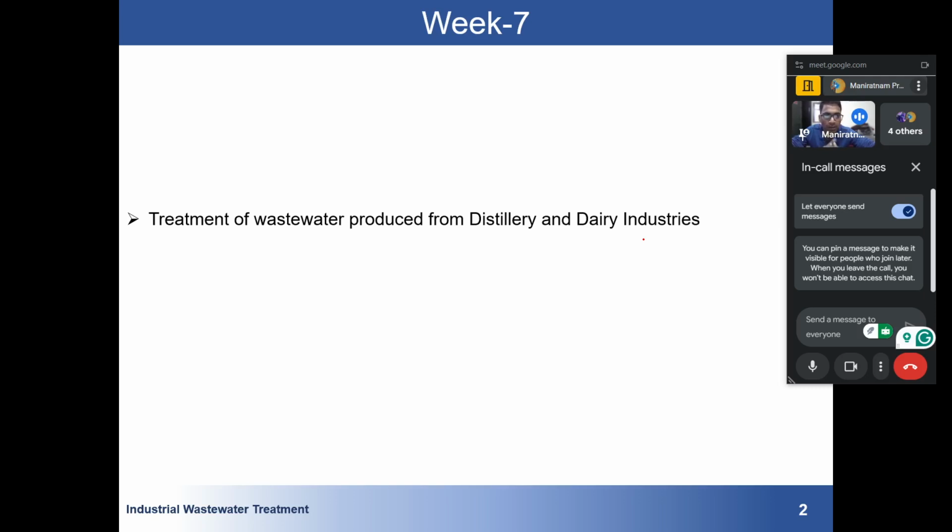Either we can use coagulants, precipitants, or an oxidizing agent like OH radicals, or hydroxyl radicals. Now we will use those methods to treat different kinds of wastewater produced from different industries. So first is the distillery and dairy industry.